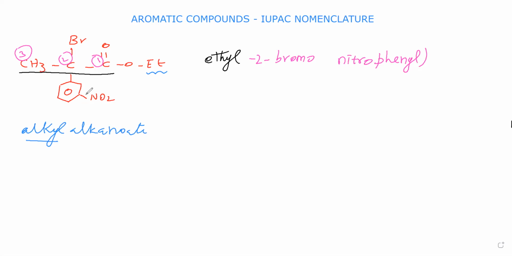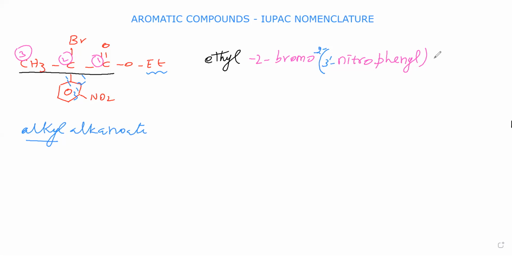The position of nitro: in the phenyl, the carbon directly linked to the parent chain carbon has to be given number 1, then number 2, number 3. So this nitro is present at the 3' carbon. This phenyl ring is present at the second carbon of the parent chain, that we have said.